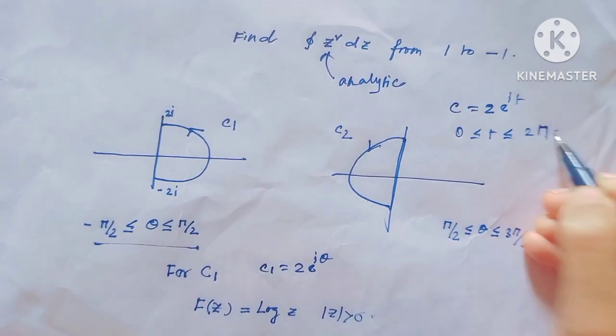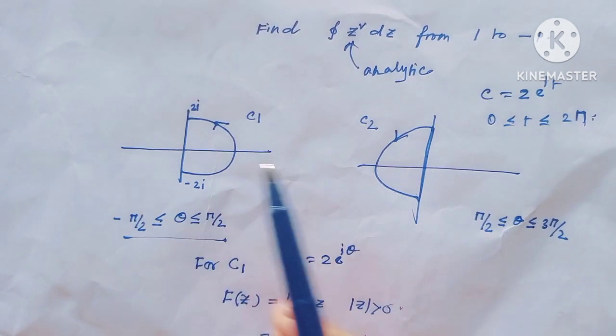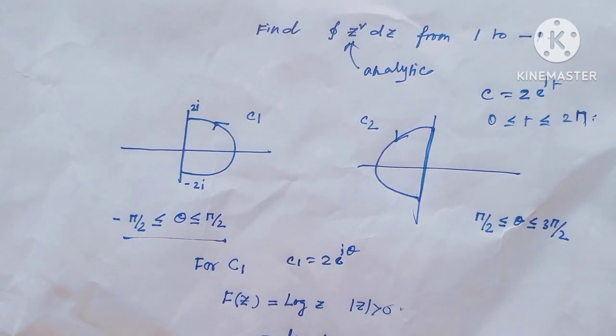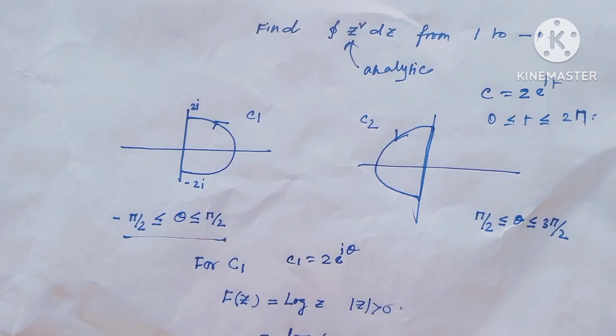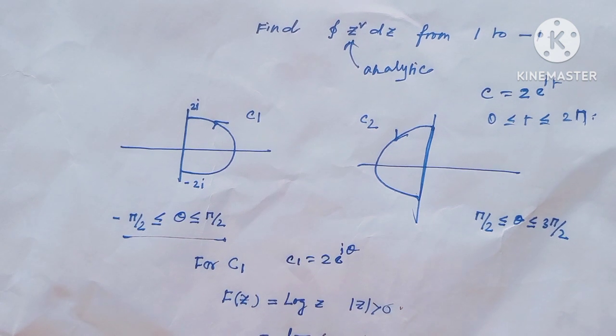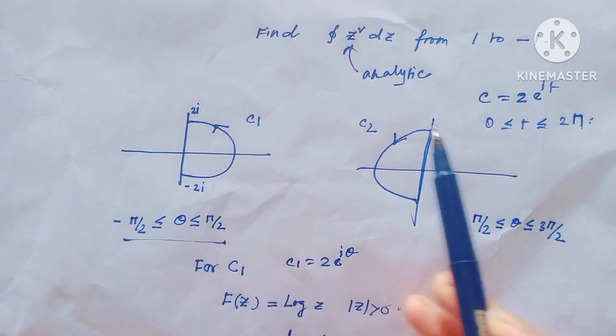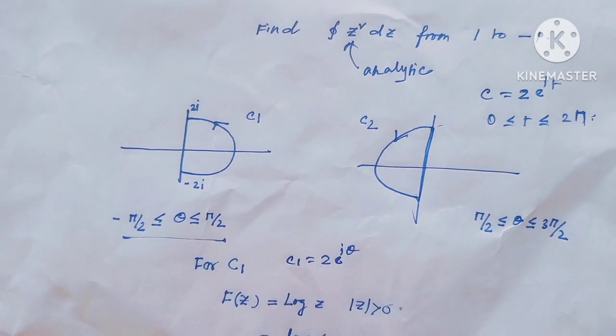Now that means here it would be the whole circle, and here I have just this part as c1 and c2. Therefore, integration along c means obviously integration along c1 plus integration along c2.